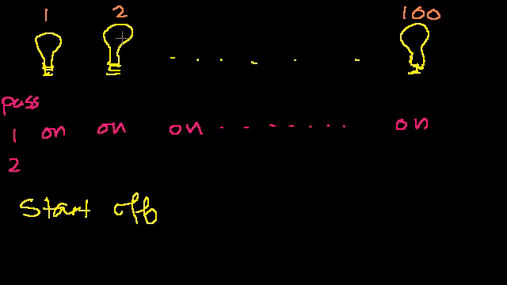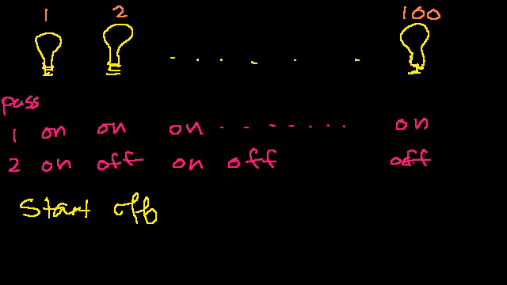I'll only switch light bulb 2. So light bulb 1 will stay on. Light bulb 2 will be off. Light bulb 3 will be on. Light bulb 4 will be off. Essentially every light bulb whose number is a multiple of 2 will be switched. So 100 will be switched, so that'll also be off.